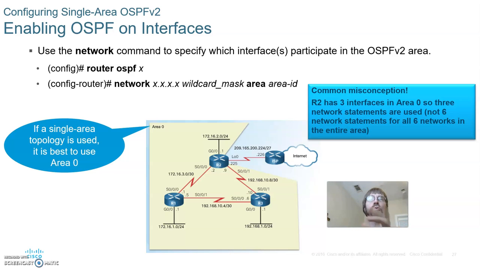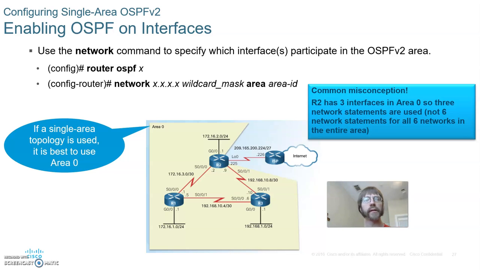Of course, you're going to do network and then the subnet address, not the address of the physical interface of the router that's in that subnet, but the subnet address itself. This is another reason why getting your subnetting right to begin with is so important, because if your subnetting table is wrong, you're going to put in the wrong information here and at the interface and in lots of other places.